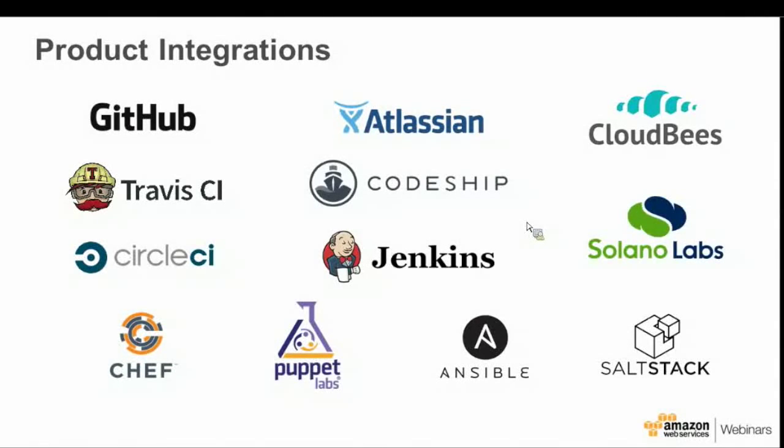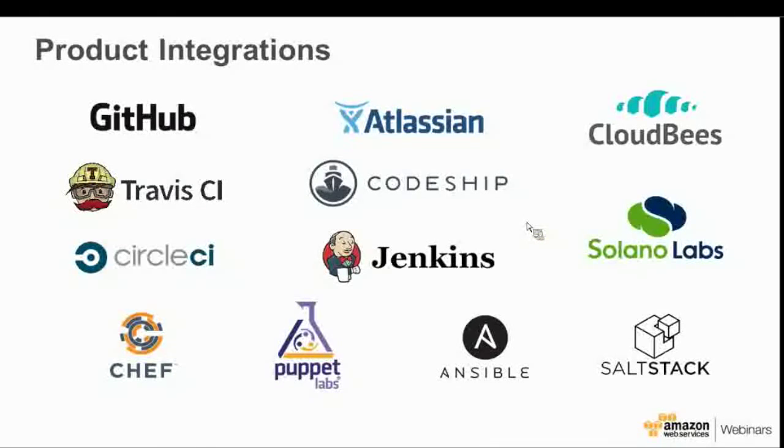I demoed GitHub earlier. We work with a couple other continuous integration services like Travis, CircleCI, and CodeShip. We have a Jenkins plugin that's available in the Jenkins plugin repository, but also available on AWS Labs. So if you use Jenkins as part of your continuous deployment or continuous integration process, you can kick off a deployment directly from the Jenkins framework.